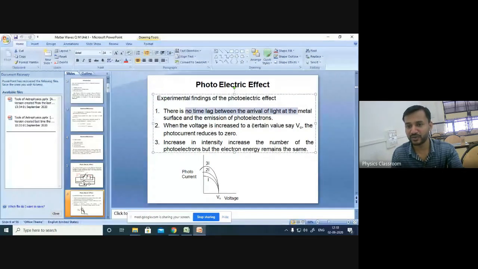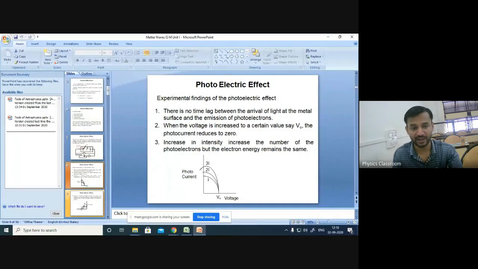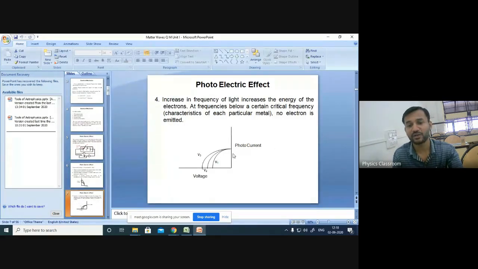When voltage is increased to a certain value V0, the photoelectron current reduces to 0. The increase in intensity increases the number of photoelectrons, but the electrons' energy remains the same. Means if we increase the intensity, the number of photoelectrons increases, but all photoelectrons have the same energy. Increasing the frequency of light increases the energy of electrons.